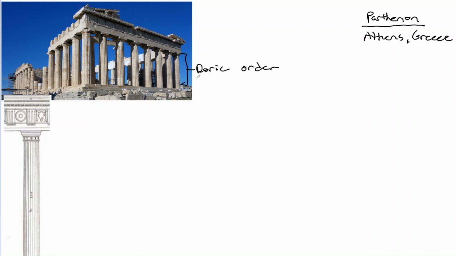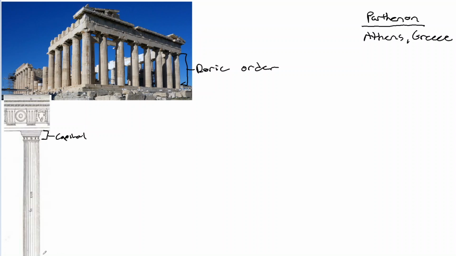This is the oldest Greek order, and it's also the simplest Greek order, and knowing the difference between Greek and Roman is pretty important. Now, the Doric order has a plain capital, which you can see here. The capital is pretty plain, there's not much to it.